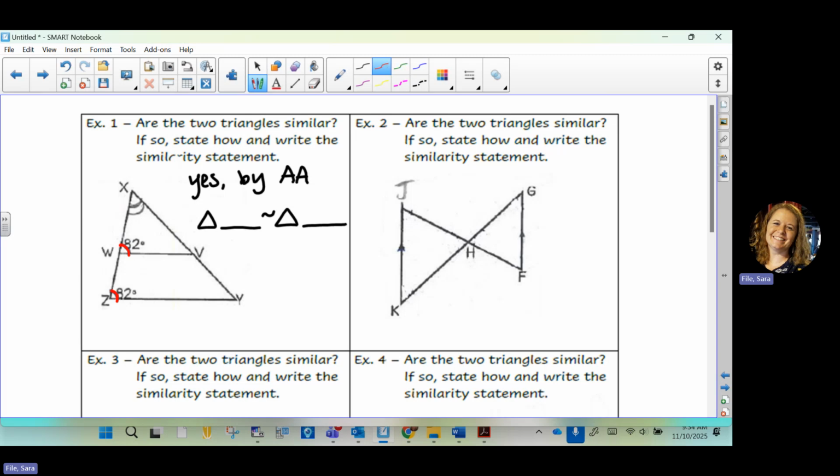If I start with the small triangle, it is WXV. So I would have to name the big triangle in that same order. So W is congruent to Z. X is congruent to itself, right? And then the other one that must be congruent is Y, must be congruent to V.